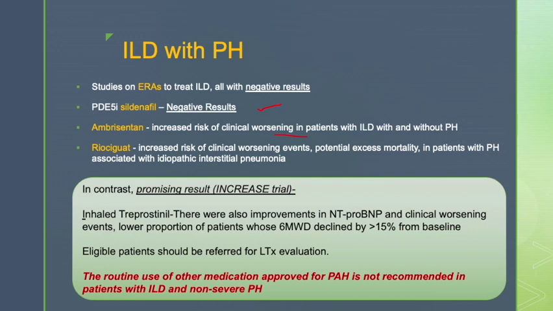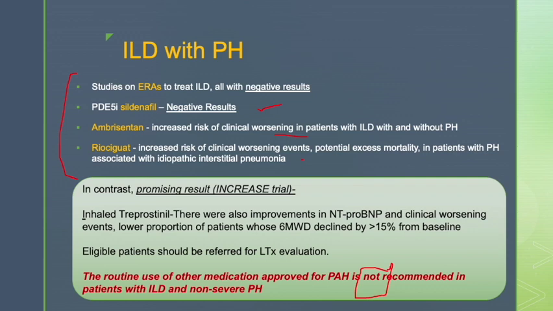And riociguat has shown increased clinical worsening and excessive mortality, especially in IIPs. So, the recommendation is that the routine use of medications approved for pulmonary artery hypertension should not be done in patients with ILD where the pulmonary hypertension is non-severe.